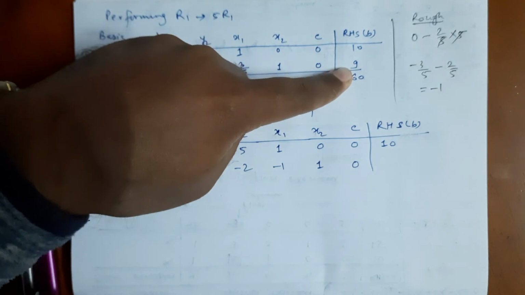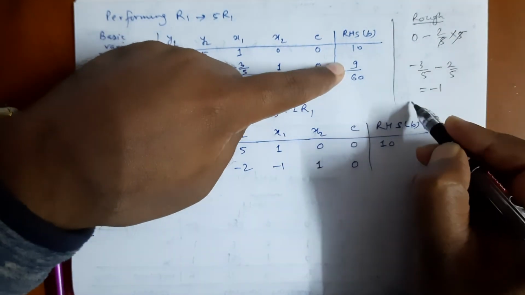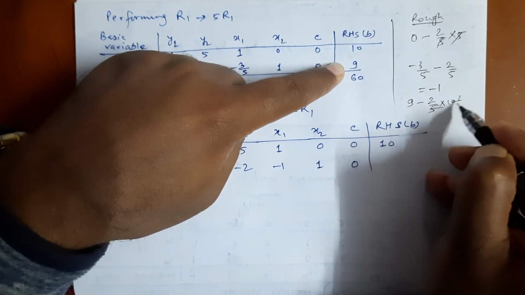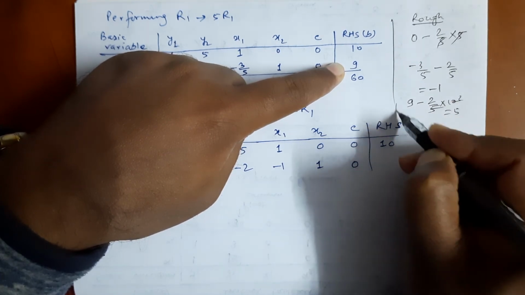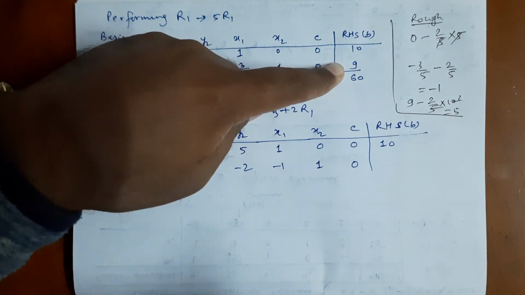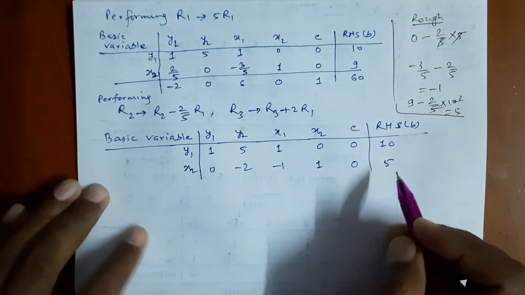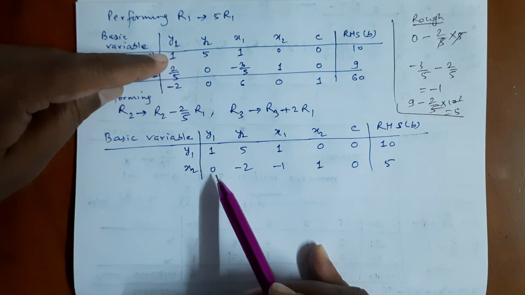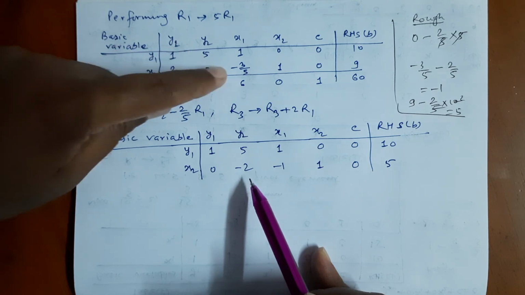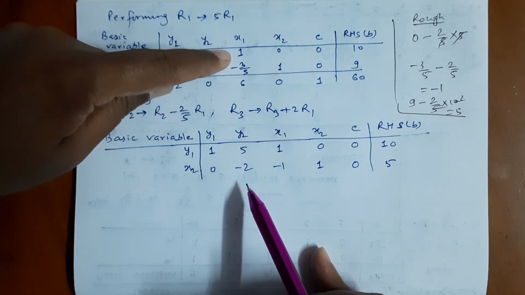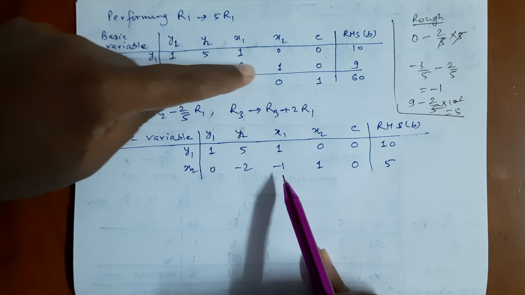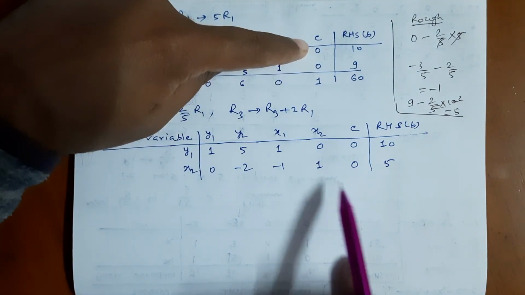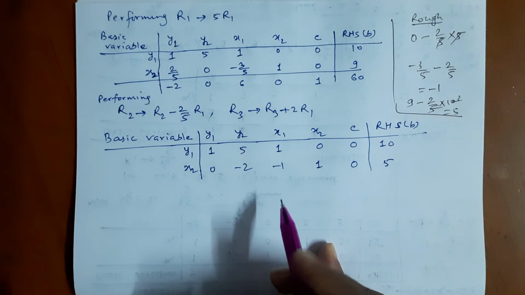And 9 minus 2 by 5 of 10, that is 9 minus 4, that will be 5. So here will be 5. So we have got minus 2, minus 1, 1, 0, and 5.